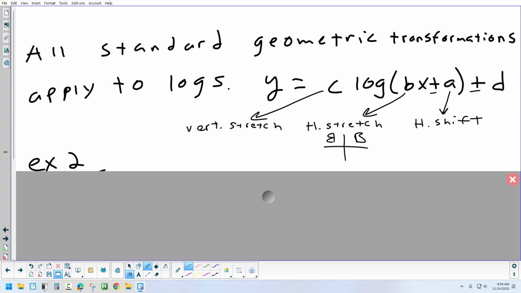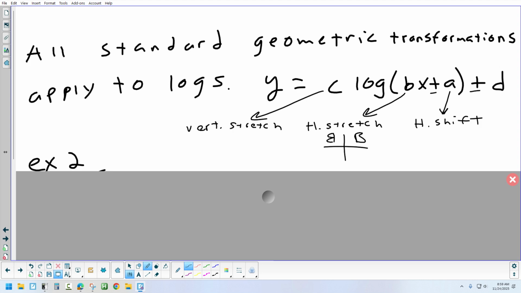Okay, so vertical stretch. What if C was 5? How would you describe what's going to happen to the graph? Yes? Vertical stretch by a factor of 5. Yep, nothing backwards about it. Vertical stretch by a factor of 5. If C is a half, it's vertical stretch by a half, which really compresses it.